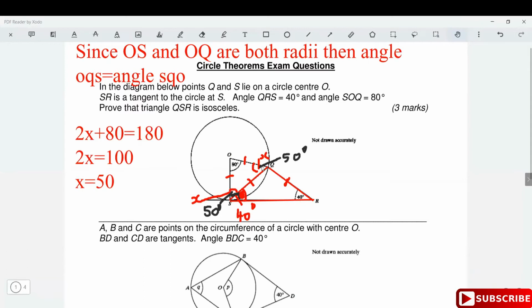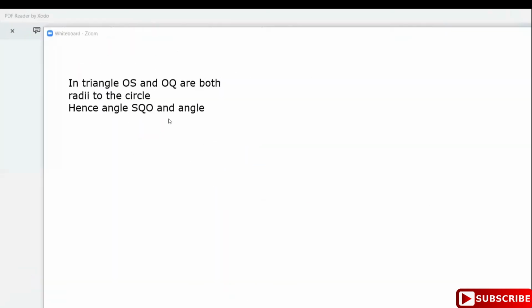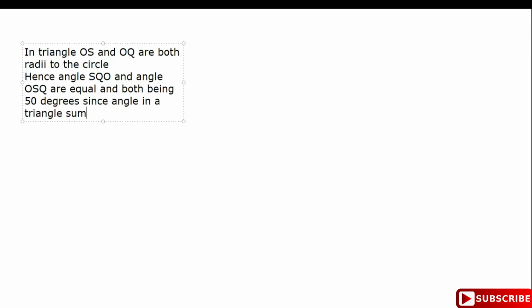Hence, angle SQO and angle OSQ are equal and both being 50 degrees, since angles in a triangle sum to 180. All right, so that's the first part.